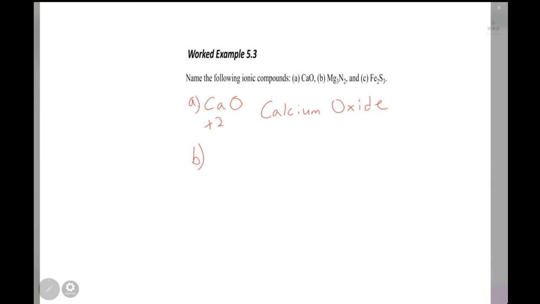Okay, B, I have Mg3N2. So I actually don't need to know what the charges on these two are. The only thing I need to know is that magnesium can only be +2. Since it can only have one charge, I just write magnesium.